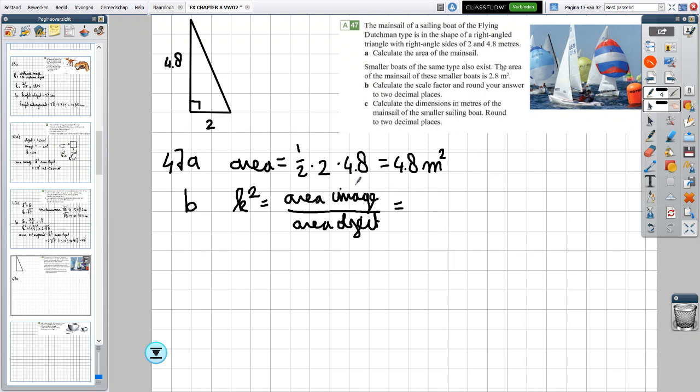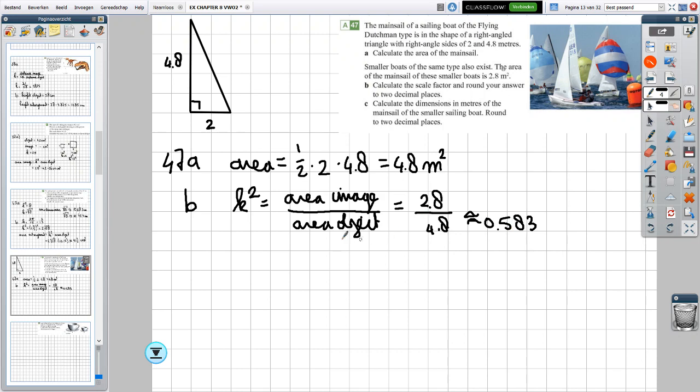So that means the area of the image is the new one, that's 2.8, divided by the area of the big one, 4.8, which is going to be approximately 0.583, etc. So I'll just leave it at that, 0.583.